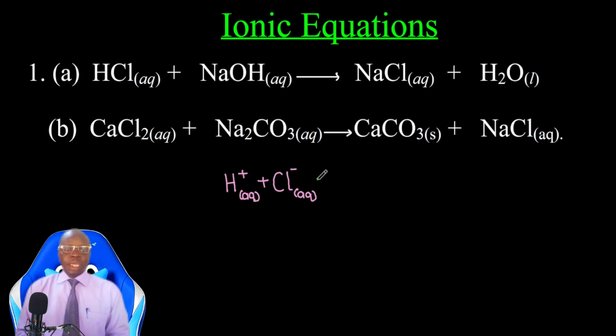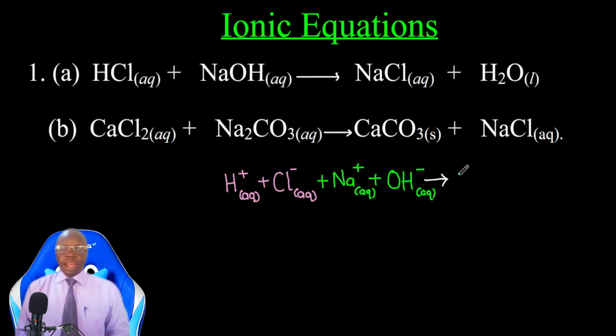Let's copy it out here and break it down as the sodium ion, which is positive, plus the hydroxyl ion, which is negative, and we have its state also as aqueous. This takes us to the product side, where we have sodium chloride also breaking into its component ions of sodium and chloride.